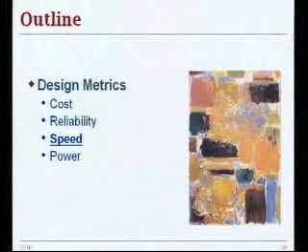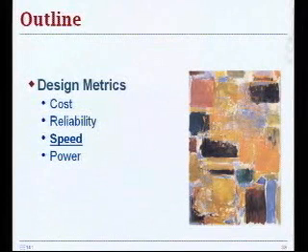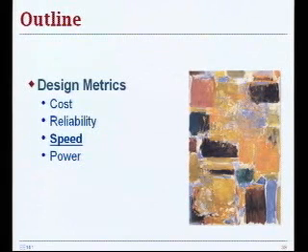So now we will introduce the concept of speed. You can measure speed or performance of digital circuits, and this metric can be quantified in many different ways depending on which level of abstraction you're talking about.